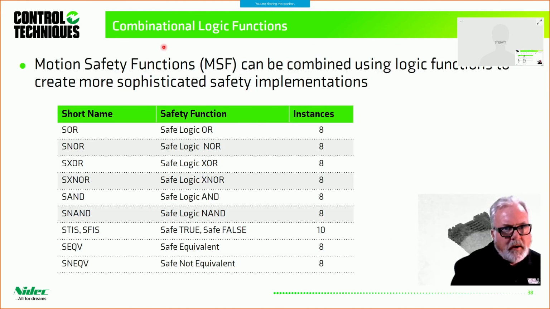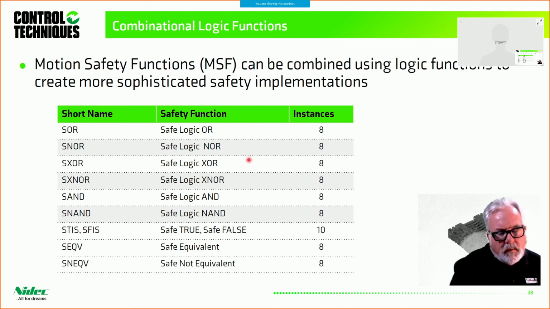And then we have combinational logic functions. MSFs can be combined using logic functions to create more sophisticated safety implementations. These are the abbreviations: I have a safe logic OR, safe NOR, XOR, XNOR, and so on and so forth. AND, NAND, true, false, things like that.